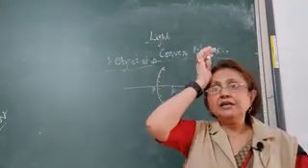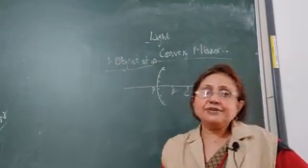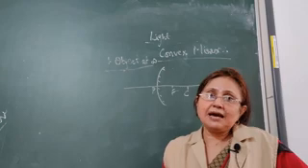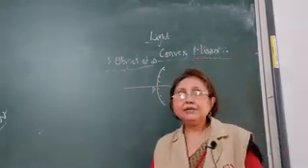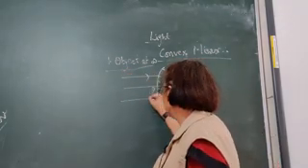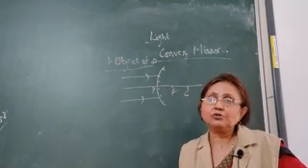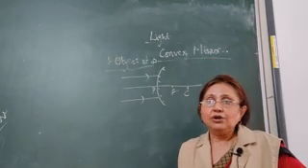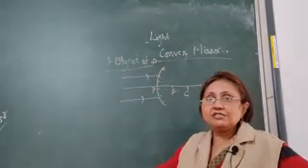The sun is very far away, so that can be considered at infinity, and the sun's rays when they reach the earth's surface are parallel to each other. So the rays are coming parallel to each other, and let us consider that these rays are also parallel to the principal axis. These rays will be reflected in this direction.